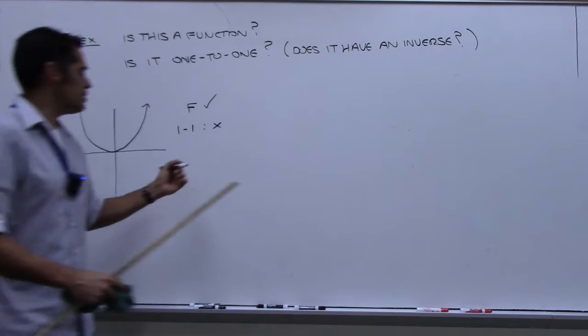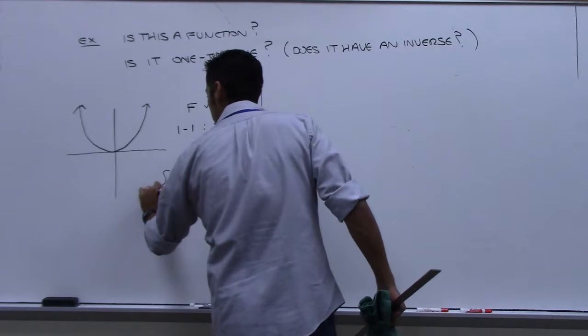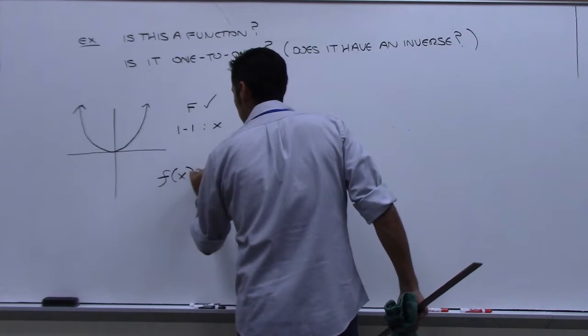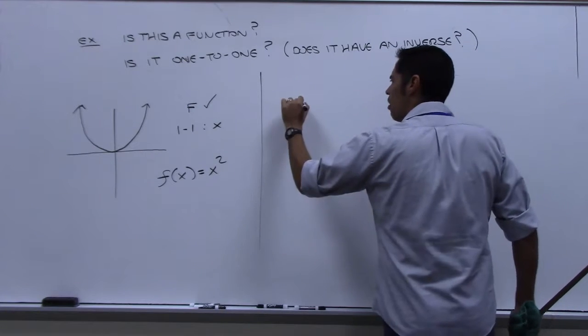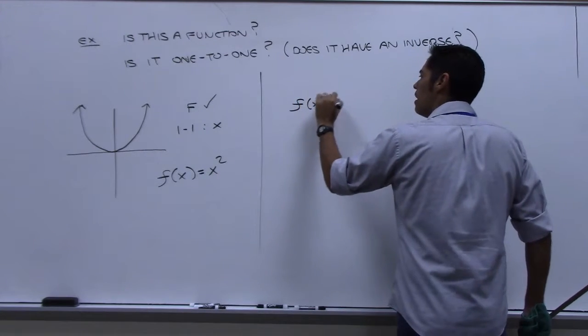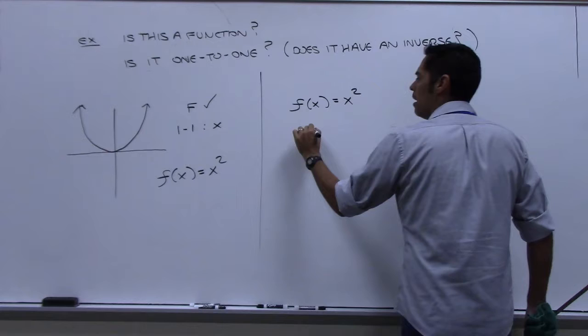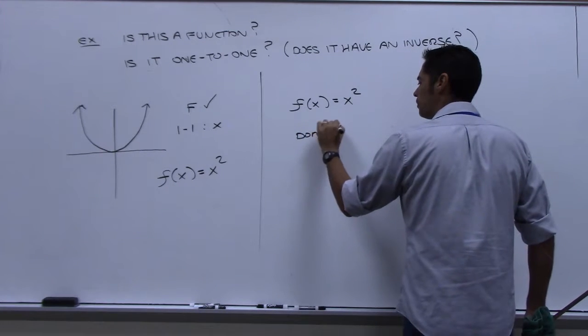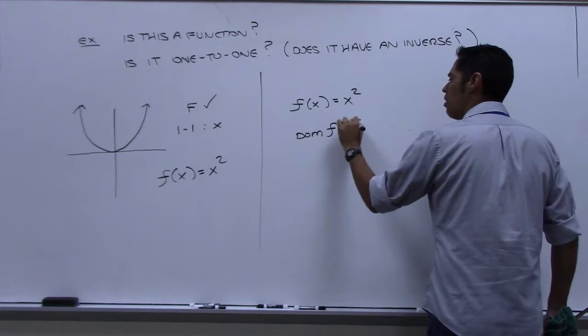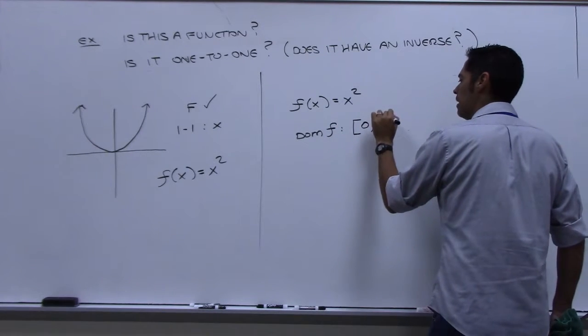So how about I do this? This right here, does everyone agree, was just the function f of x equals x squared? What if I said instead, draw me f of x equals x squared, but the domain, I'm going to restrict it. I want you to only draw it between 0 and infinity.